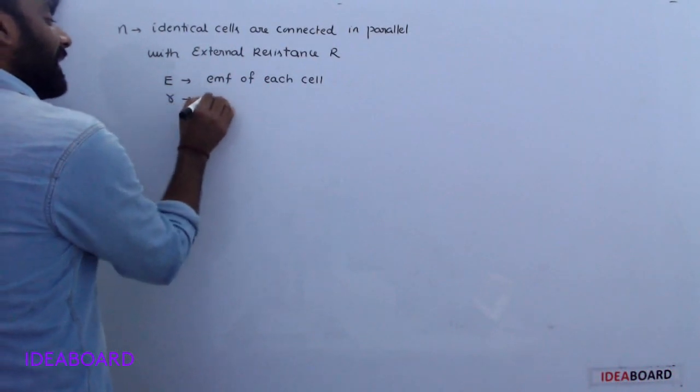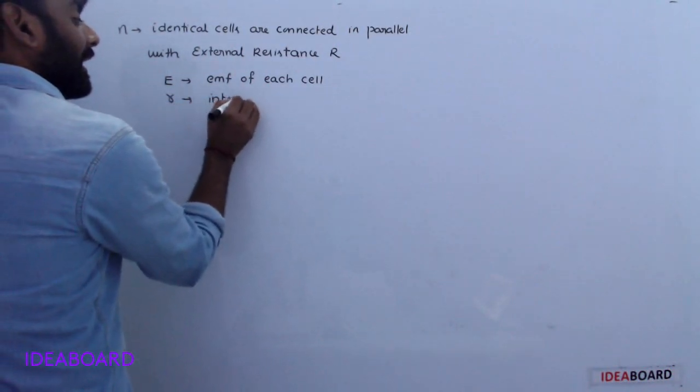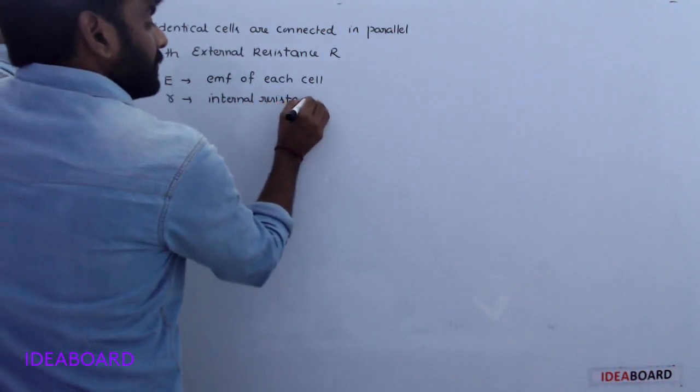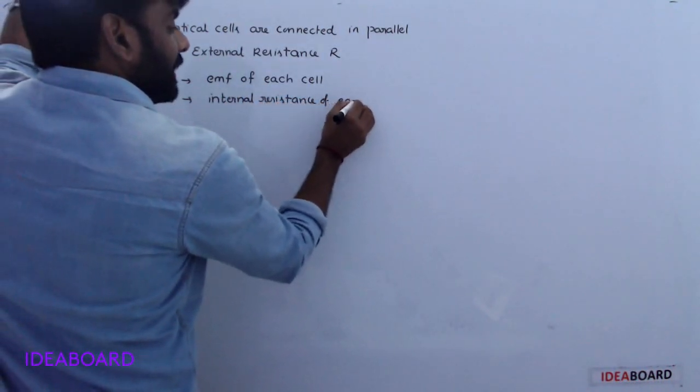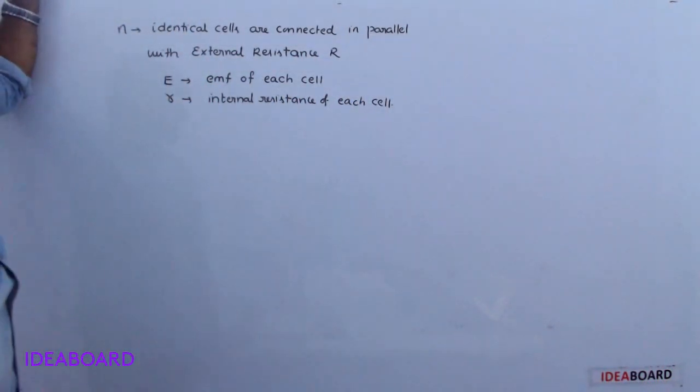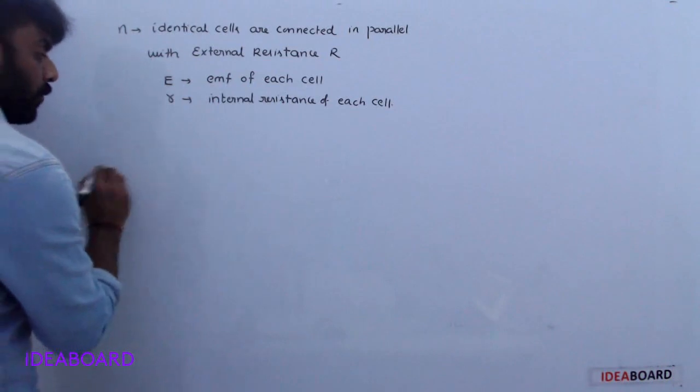Now r is the internal resistance of each cell. Understood?